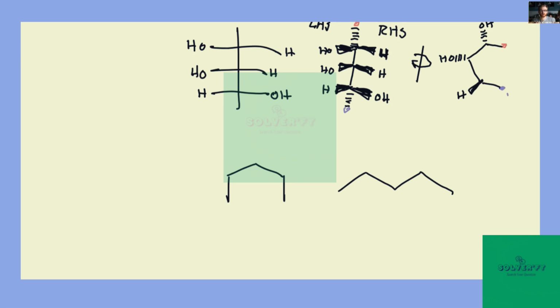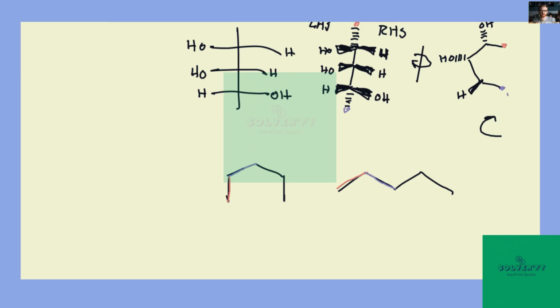The way we'll do that is we'll take the whole thing and rotate it on the page such that the first bond, such that this and this will look like this and this.